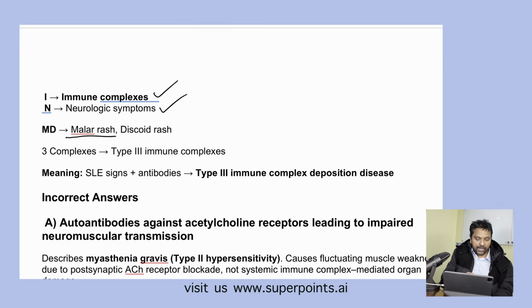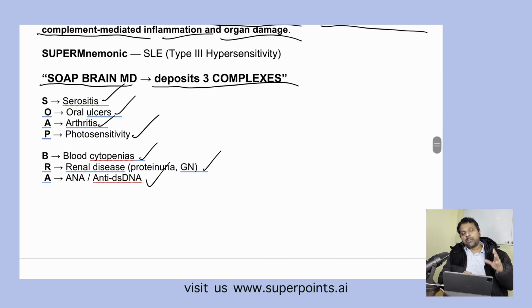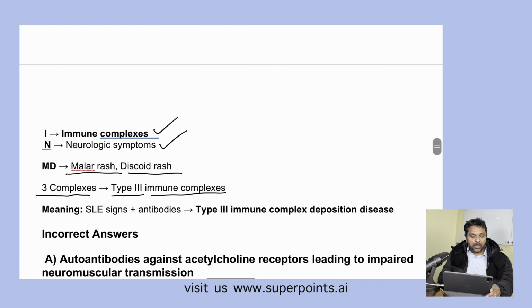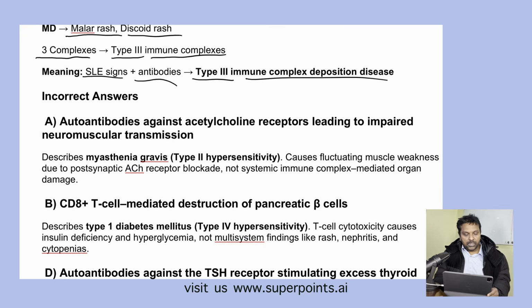MD for malar rash and discoid rash, and 3 complexes, type 3 immune complexes. Just put that in memory: SOAP brain MD deposits 3 complexes. If you remember that mnemonic, it helps you a lot. SLE: signs plus antibodies, type 3 immune complex deposit disease.